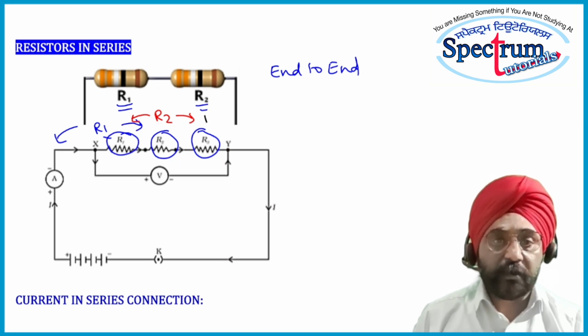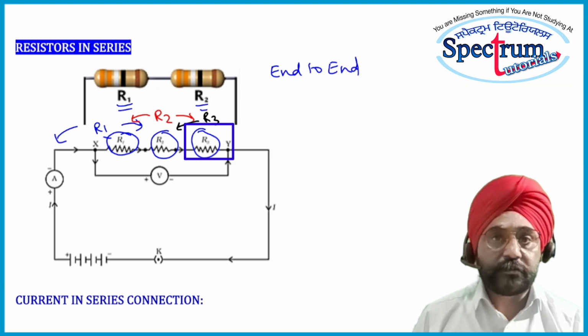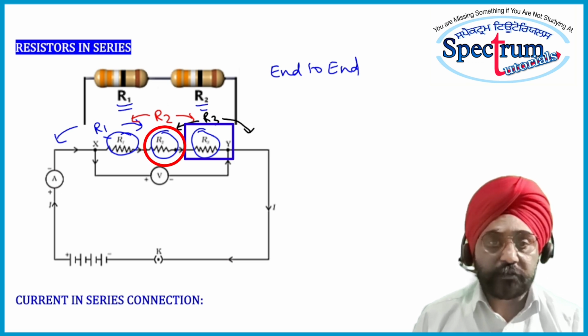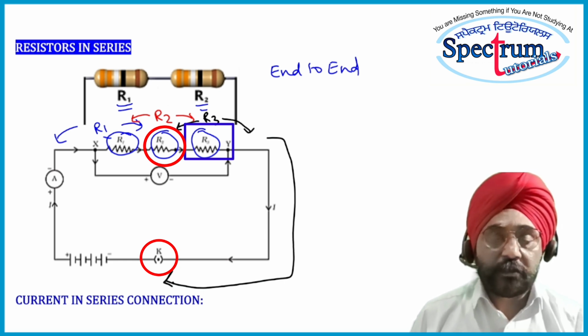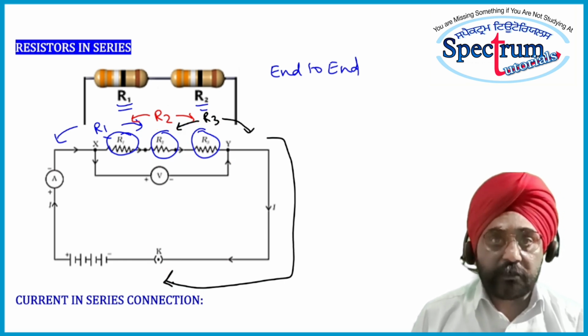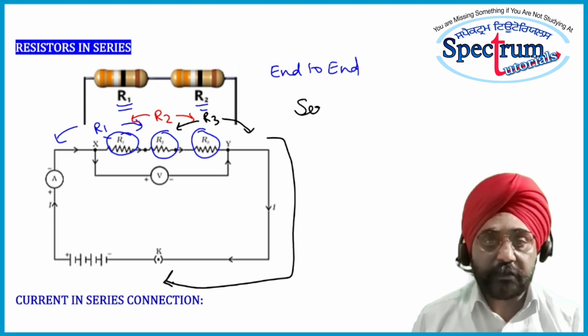In the same way, resistor R3 is connected on one side to resistance R2 and on the other side to key. So all the three resistors are connected to different components. This type of connection is known as series connection.